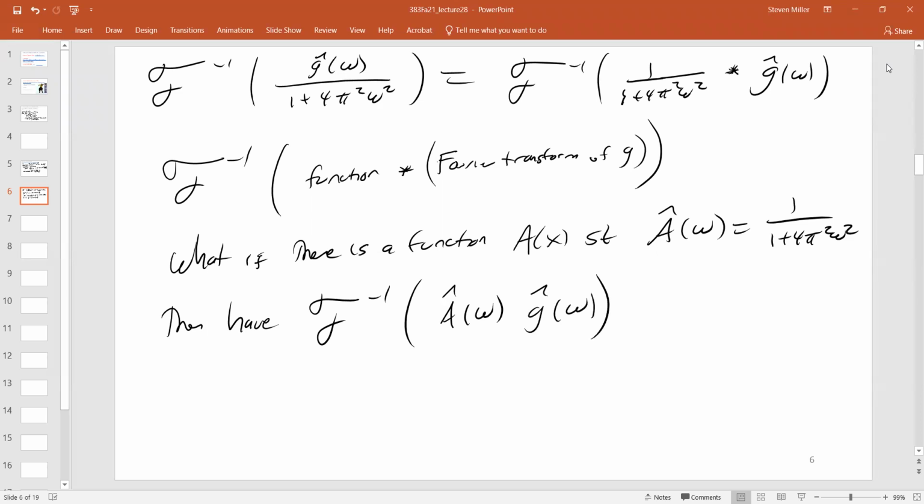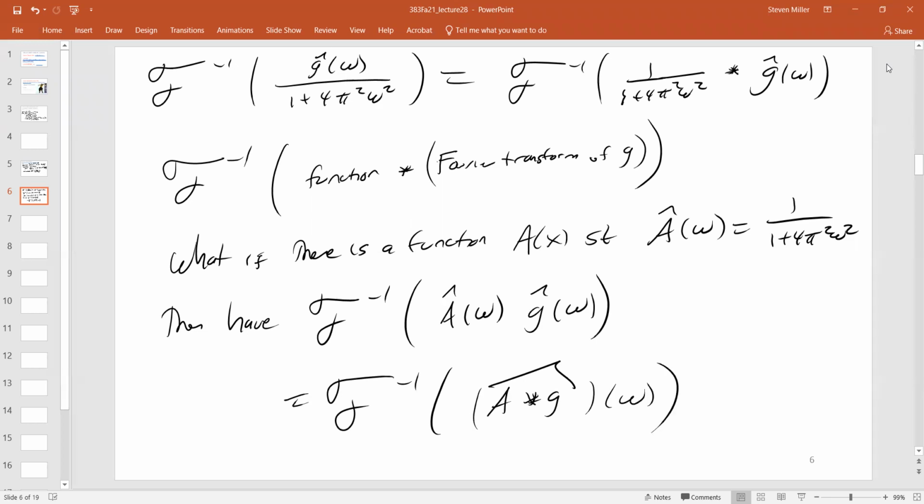Oh, but if I have the product of two Fourier transforms, what is the product of two Fourier transforms? It's not the convolution, it's close. It's the Fourier transform of the convolution. So then this would be the inverse Fourier transform of A convolved with G. Take the Fourier transform of that.